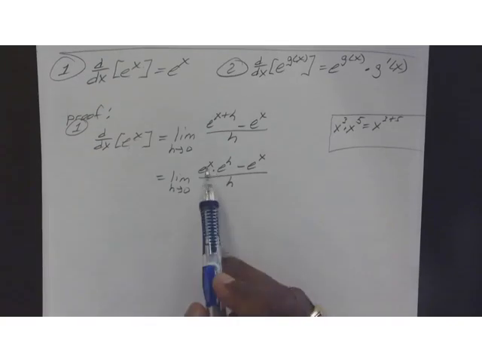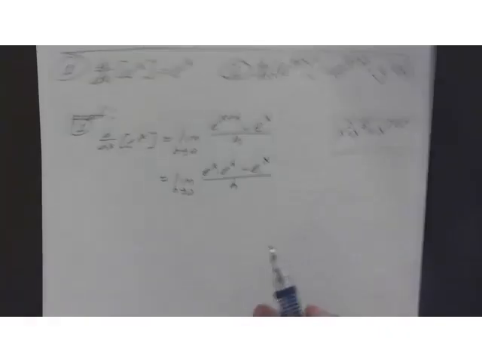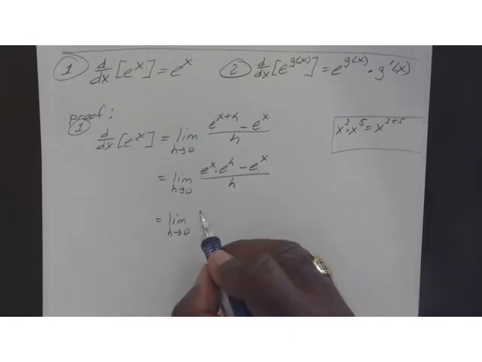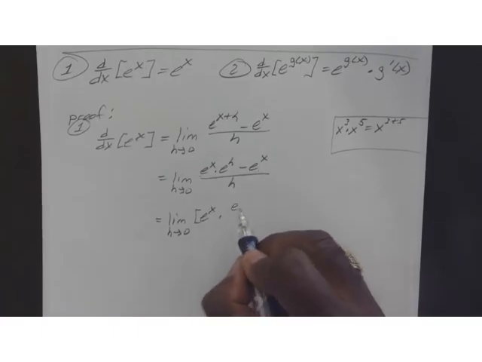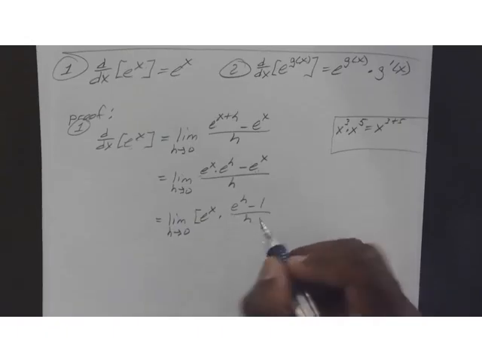Okay, so we can see here we can factor e to the power of x out of both of those. So that gives us the limit as h approaches 0 of e to the power of x times e to the power of h minus 1 all over h.